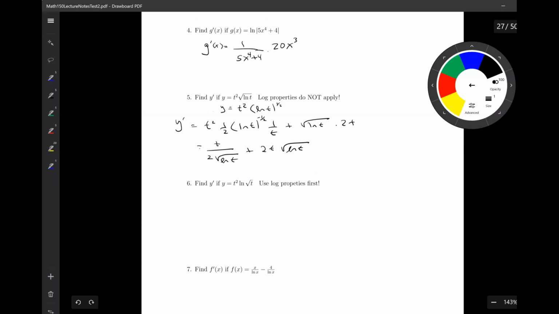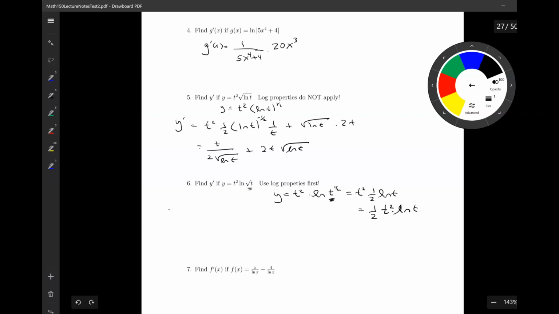All right, these properties do apply. So this can be rewritten as ln of t to the 1/2, and since the 1/2 is just on the t, this second one can be rewritten like this. If I wanted to really make it nice, there we go.